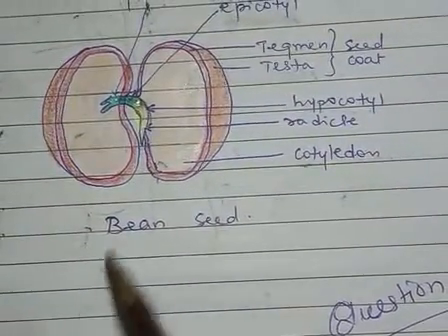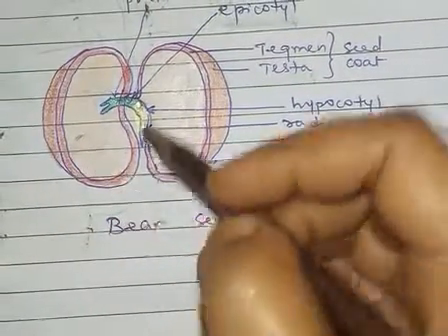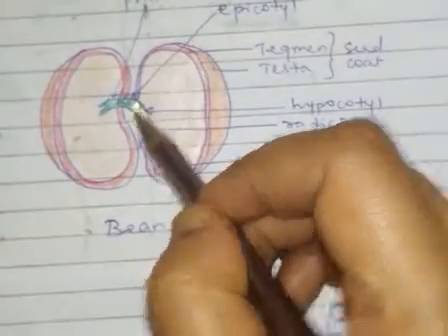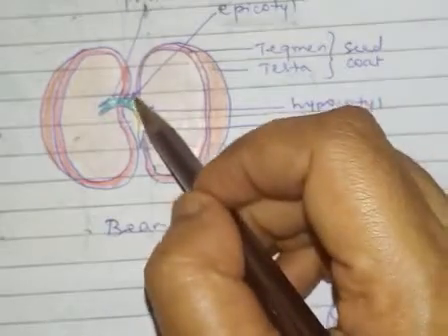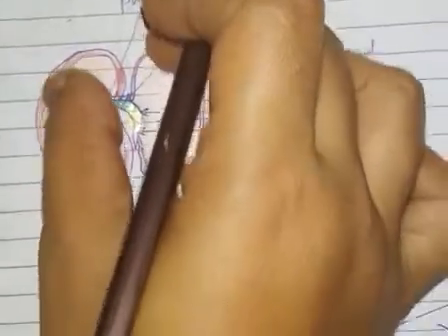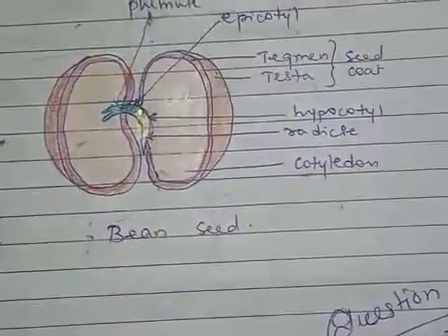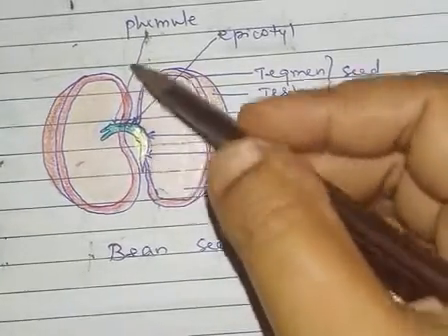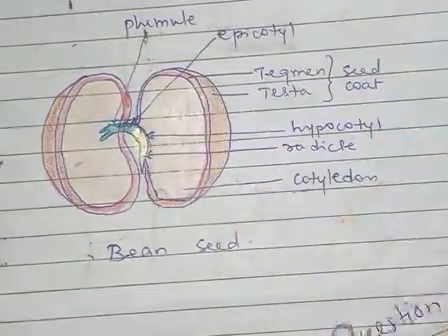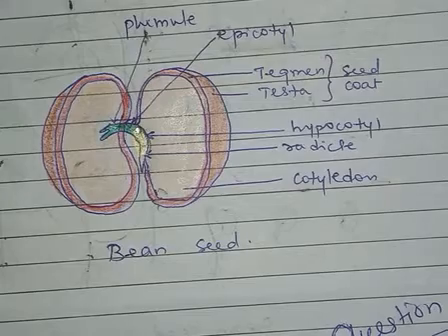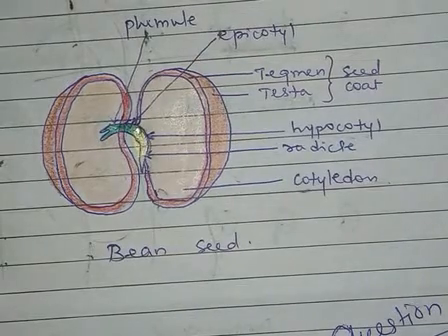Coming to the epigeal germination, in this case the hypocotyl elongates. Okay, the hypocotyl elongates, and when the hypocotyl elongates, it will be carrying the cotyledons along with it out of the soil. Understanding? So when the hypocotyl elongates, it carries the cotyledon out of the soil, and that type of germination wherein the cotyledon is coming out of the ground with the elongation of the hypocotyl is called epigeal germination.